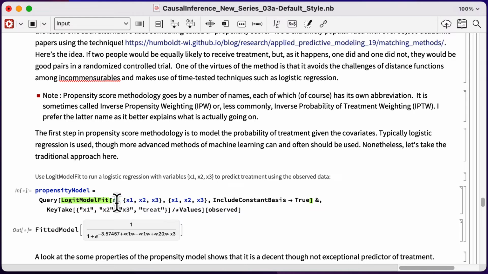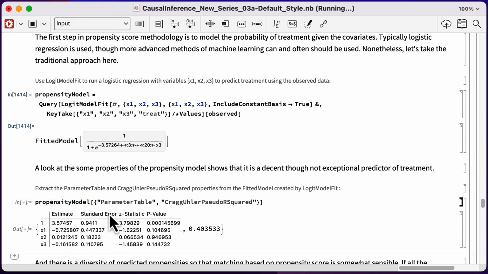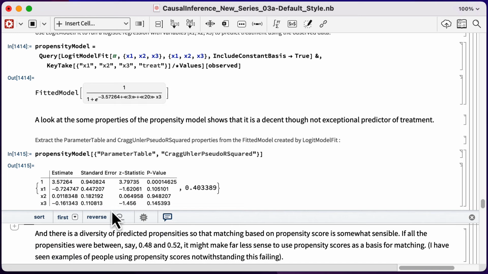That's a fairly simple thing to do, and we can look at the parameter table and see if our model's any good. It doesn't look like x2 is surviving a p-value test. In fact, none of them are really surviving a p-value test. Maybe the variables are correlated with each other, but we end up with a model that has a respectable Cragg-Uhler pseudo-R squared, so at least we have some model of propensity.